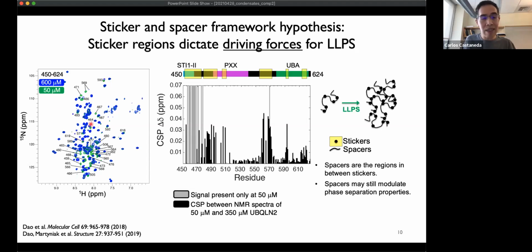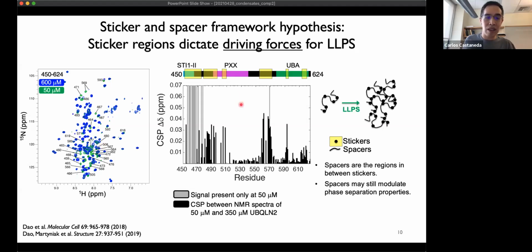And what I hope you can see, when we change the protein concentration of this protein, we go from 50 to 600, you'll notice that some peaks move. You'll notice that some peaks attenuate completely. And that provides a lot of rich information on the parts of the protein that are involved in self-association that we think also promotes its ability to phase separate.